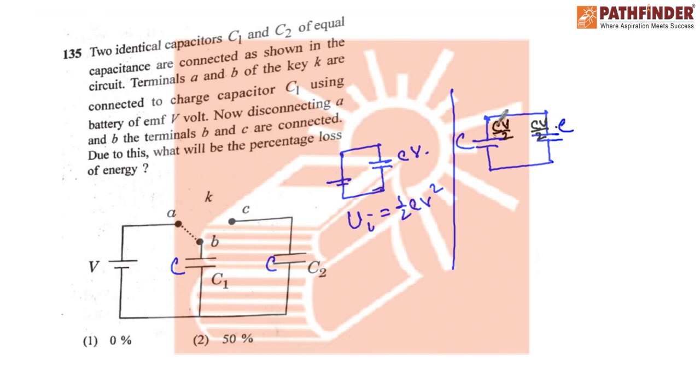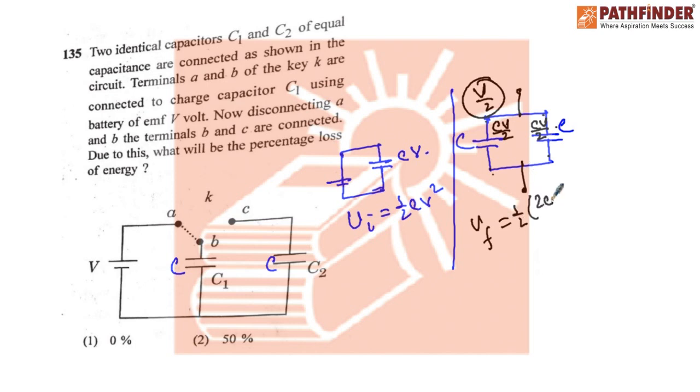So now the potential difference between the plates for each of them is equal to V by 2. And now the equivalent capacitance between these 2 points, two C in parallel, is equal to 2 times C. So now the final energy we can write down in the form of half Q square by C summation for both, or directly write half C V squared.